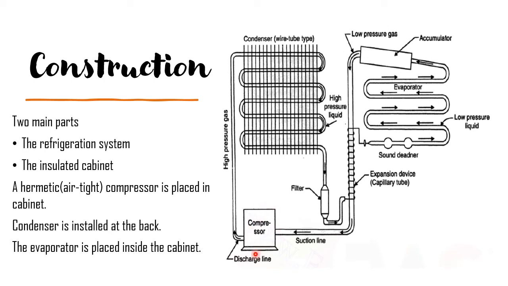The compressor compresses this low pressure, low temperature refrigerant vapor and changes it into high pressure, high temperature refrigerant vapor. That passes through the discharge line to the condenser.